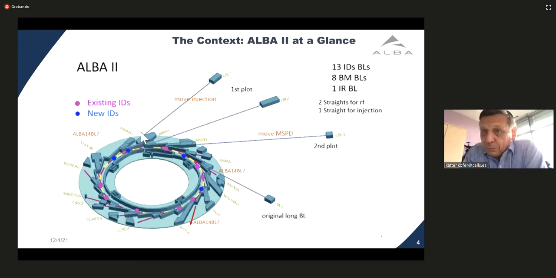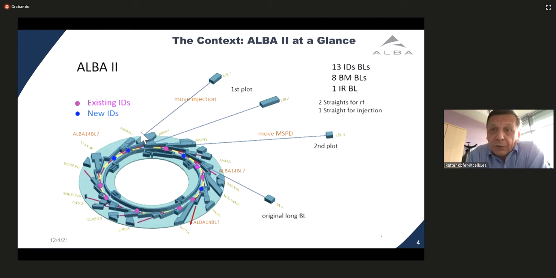Here's a short picture of what ALBA II will be. It's a typical fourth generation source. The ID lines are pretty much where they are now. They move a little bit, but not much. The bending magnet lines will most likely move, and we will get 8 of them with super bends.